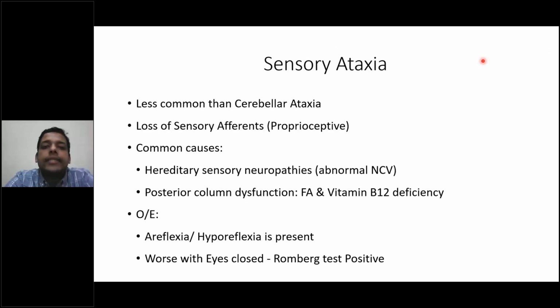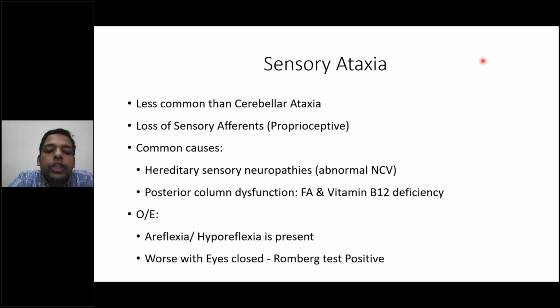Let us discuss sensory ataxia. This is usually less common than cerebellar ataxia in children, primarily because of the loss of sensory afferents, primarily proprioceptive. The common causes for this are hereditary sensory neuropathies, in which we characteristically see an abnormal nerve conduction velocity, and some posterior column dysfunctions, most common being folic acid and vitamin B12 deficiency.